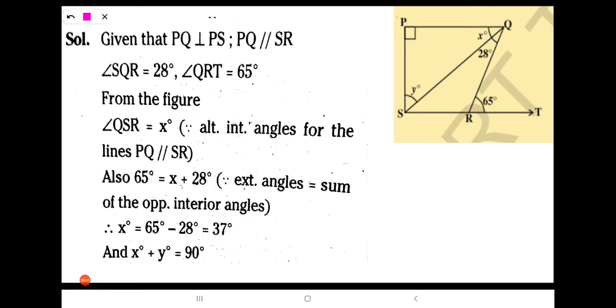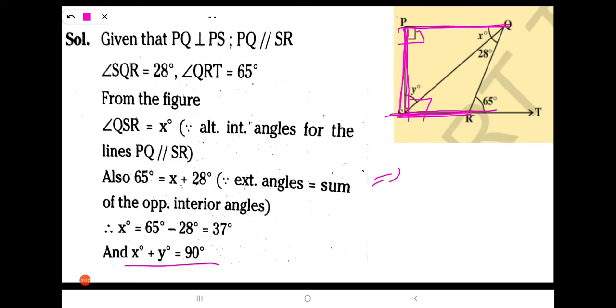And if you observe one more thing, X plus Y is equal to 90 degrees, because PQ is perpendicular to PS, as well as PQ is parallel to SR. It means PS is also perpendicular to SR. It means angle P and angle S are both equal.